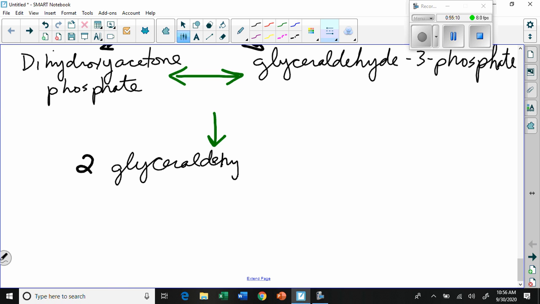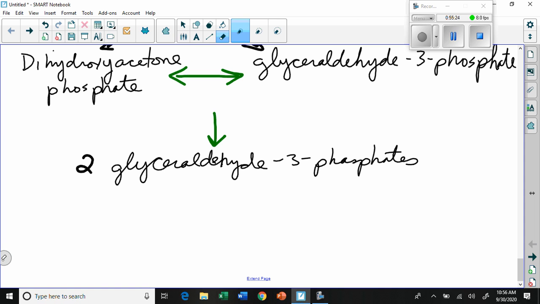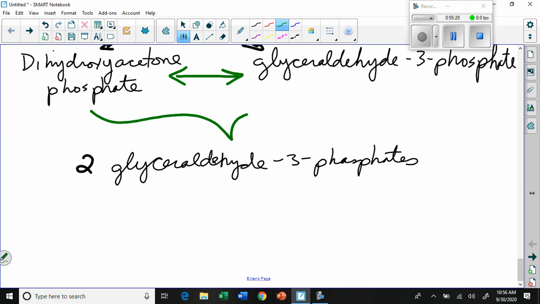Glyceraldehyde 3 phosphates. So that's not another step. That green arrow is just trying to show that that's the effect. You know what? I got a better idea. Instead of the arrow, we'll draw it as a sort of a bracket and see how we now have 2. So everything from this point on is going to be double. And there's no S on phosphate.